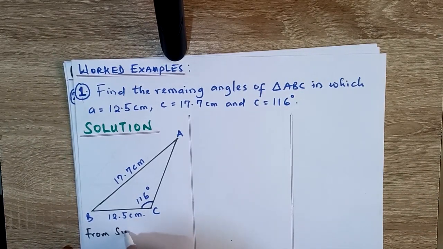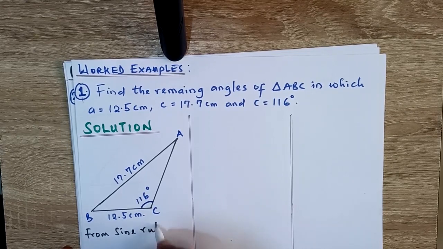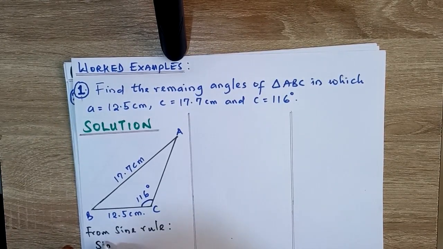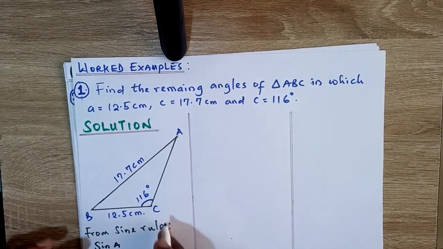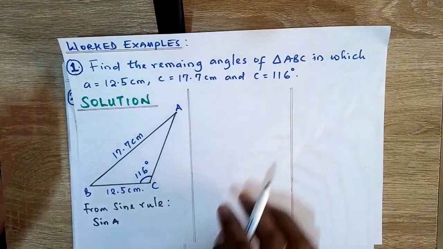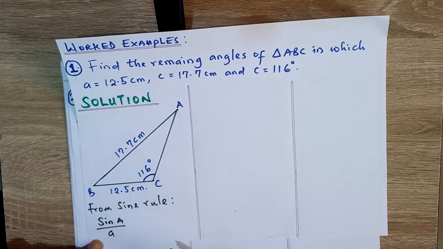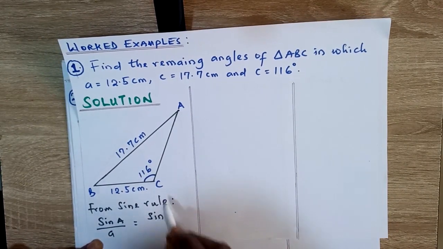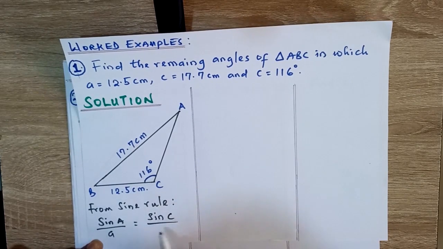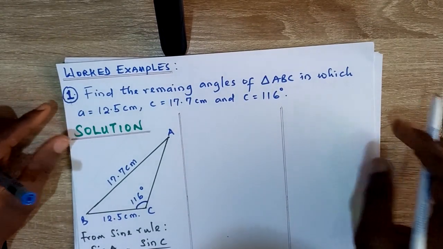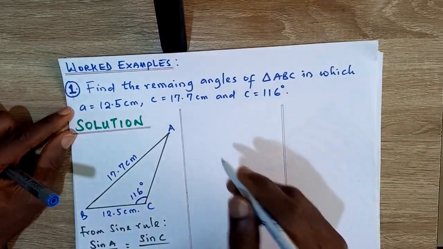From our sine rule, we have that sine of the angle at A divided by the side a is the same as the sine of the angle at C divided by the side c.